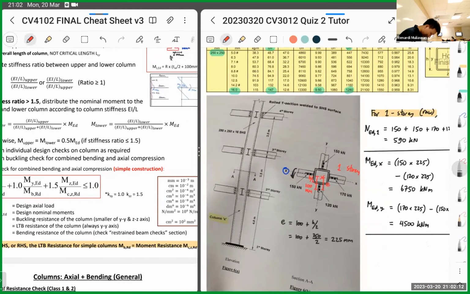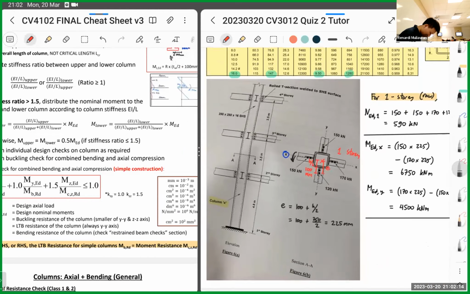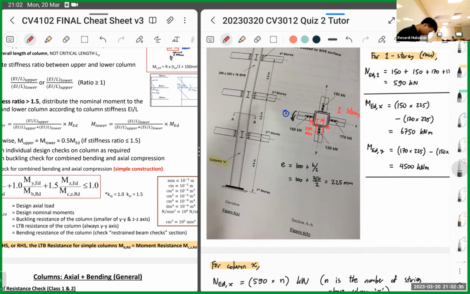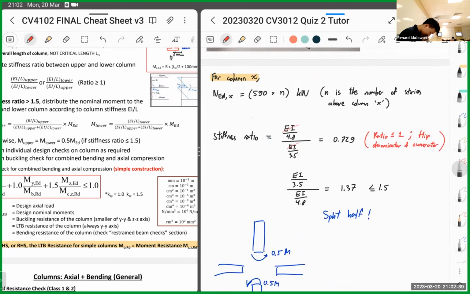Each is 225, right? This one correct, 30 times 10 to the third times 225 times 10 to the, 6750 divided by 5.